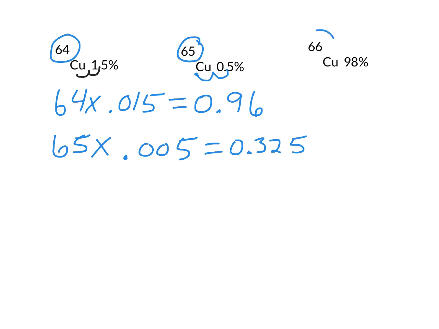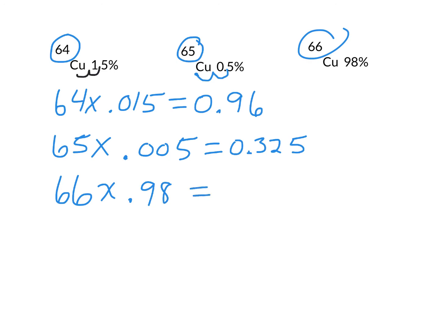Okay, what's my third one? What's the first step I do? So you're going to take the mass, 66 times 0.98, very good.